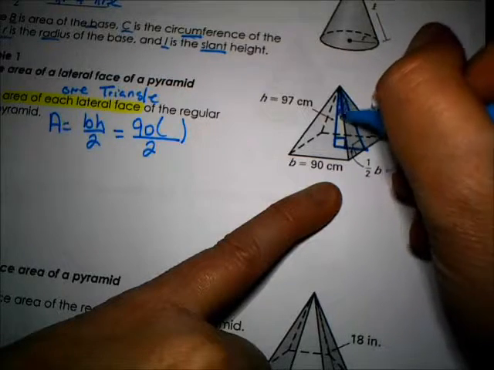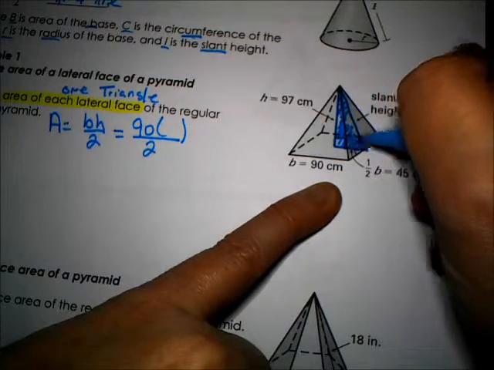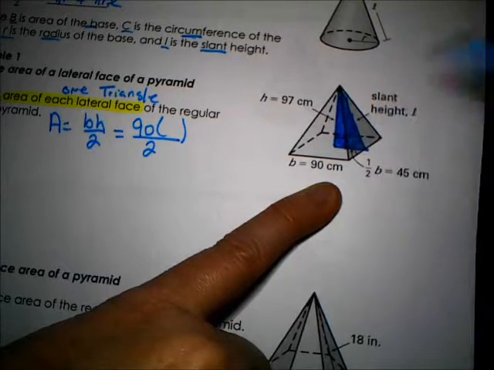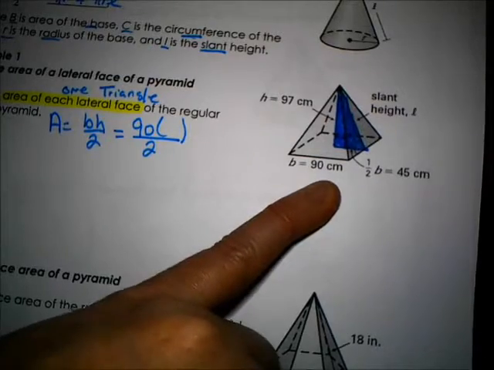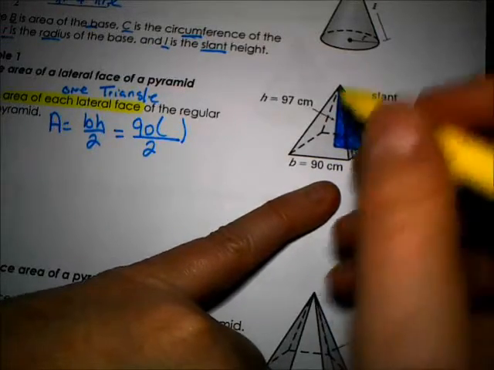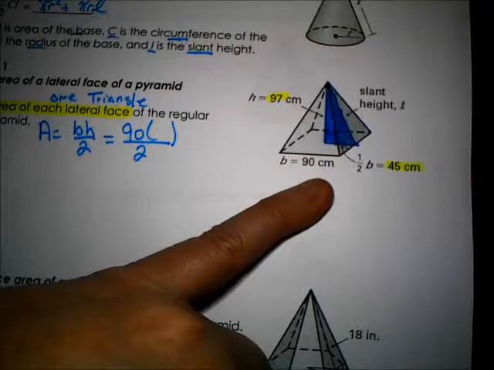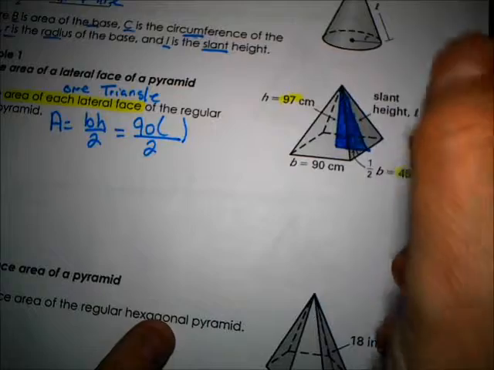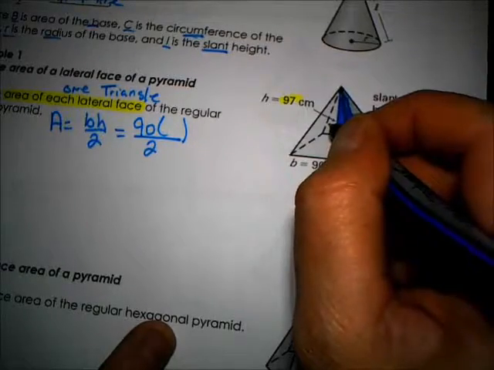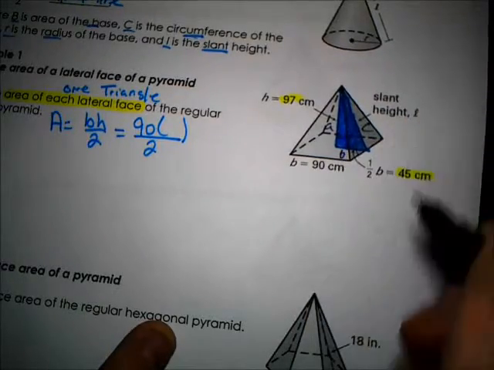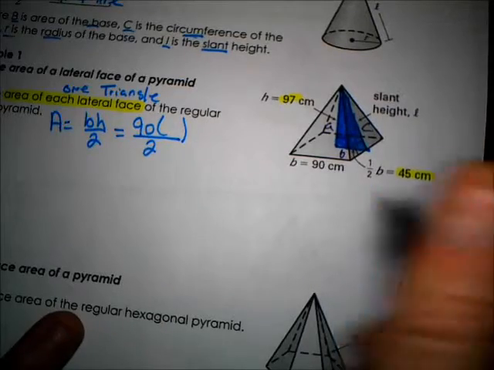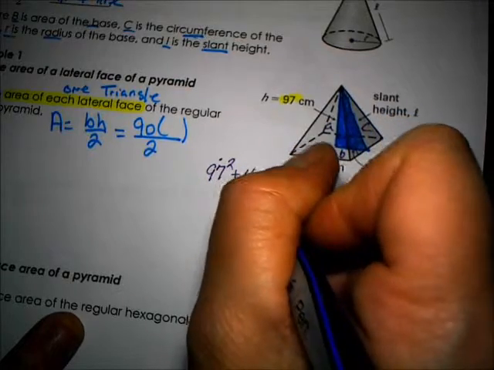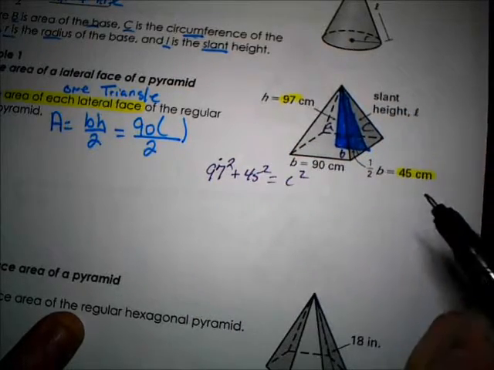I'm going to color it in so you can see the actual right triangle that exists, because they tell me that this leg down here is 45 and the height is 97. I need that information because that's a right triangle, so I can use the Pythagorean theorem, a squared plus b squared equals c squared, to find this slanted height. So I'm going to do 97 squared plus 45 squared will be my c squared.